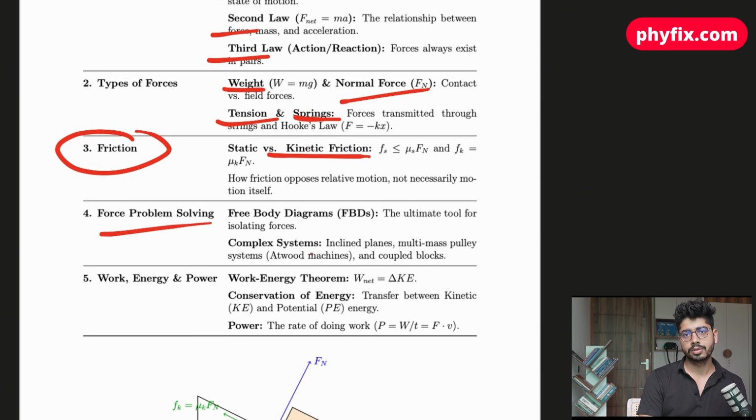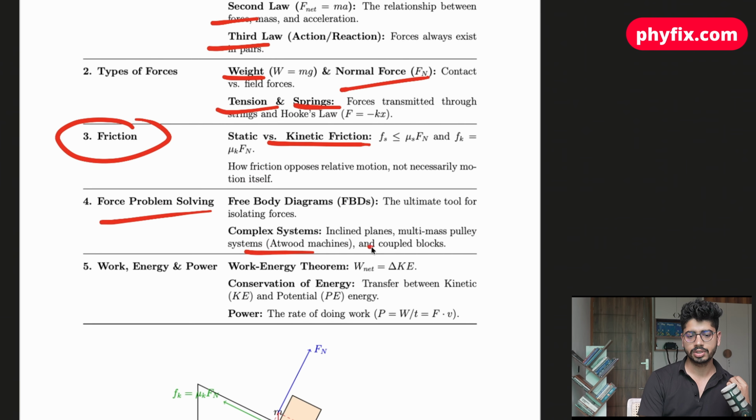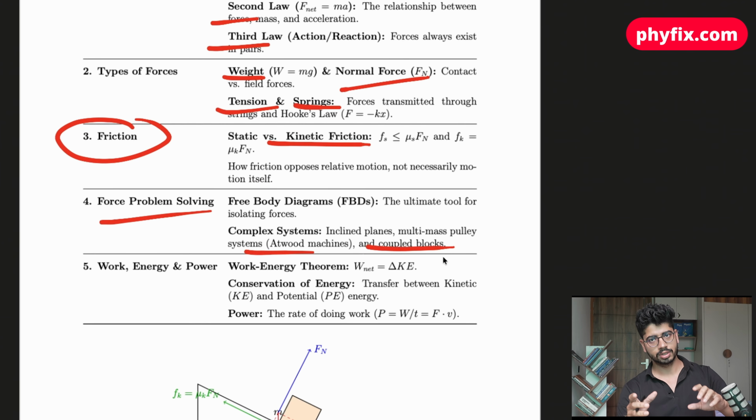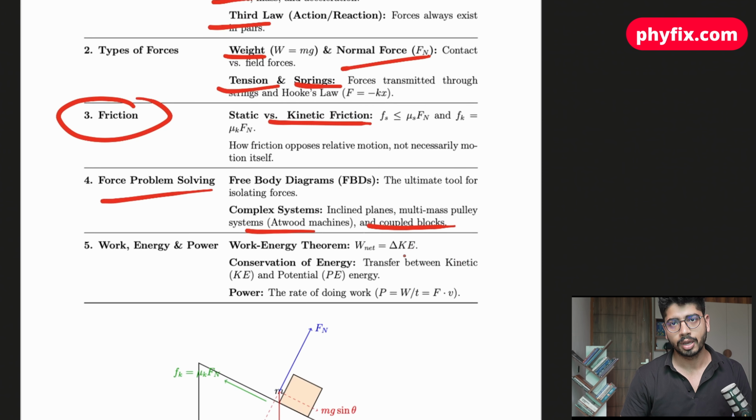Then we have to analyze problems. We have to understand what a free body diagram is, which we are going to learn in the dynamics. Then we have the Atwood machine and coupled blocks, meaning a chain of blocks connected by a thread, with something hanging. That is part of the problem solving.